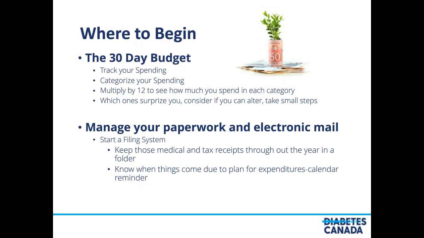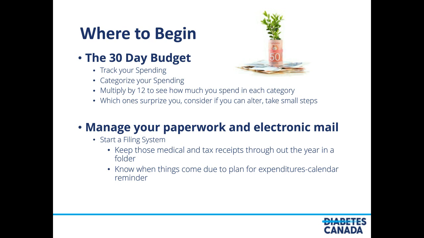So where to begin? The very first thing I tell everyone is to track your spending for the next 30 days. There are numerous phone apps, computer software programs, and simple Excel sheets that you can use for tracking your spending. Many of these resources are listed at the end of this presentation.